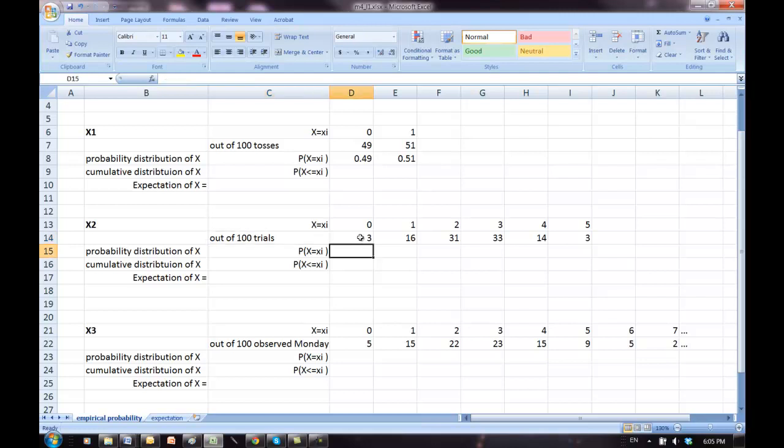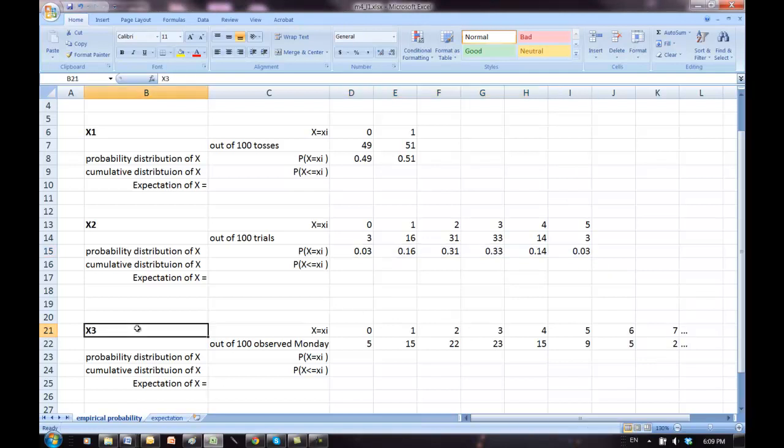By the same logic, we can calculate the probability associated with each value. This time we're going to use the formula instead of numbers, so I will just drag to copy the same formula across the row.